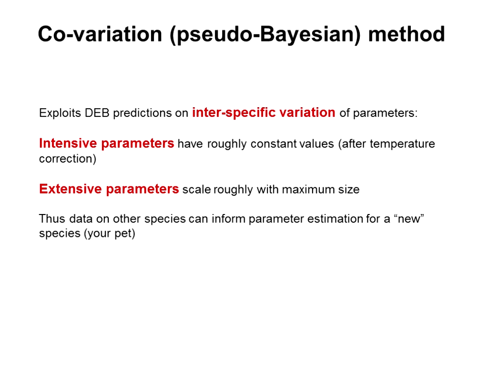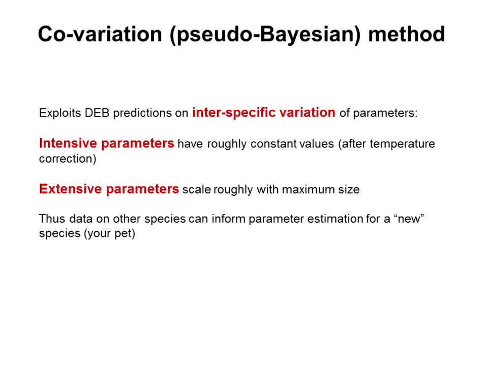Like I said, it exploits the DEB model predictions on the interspecific variation of parameters. And I like to think of it as doing so in terms of some jargon that was very common in the DEB literature a decade ago, seems to have gone out of fashion, but I find useful, and that is to distinguish what are often called intensive parameters and extensive parameters. And the terminology is loosely analogous to the use of these terms in thermodynamics.